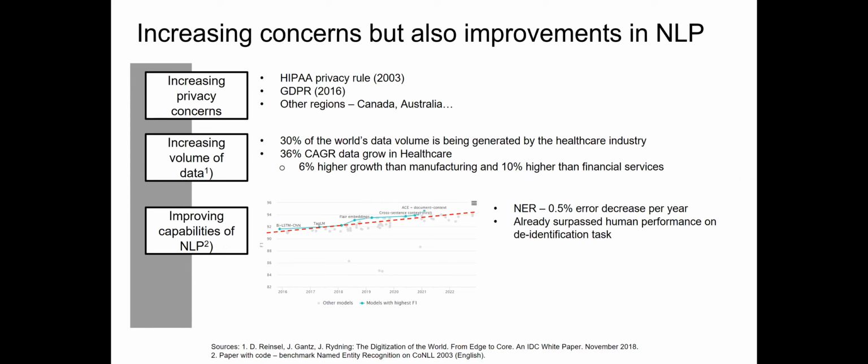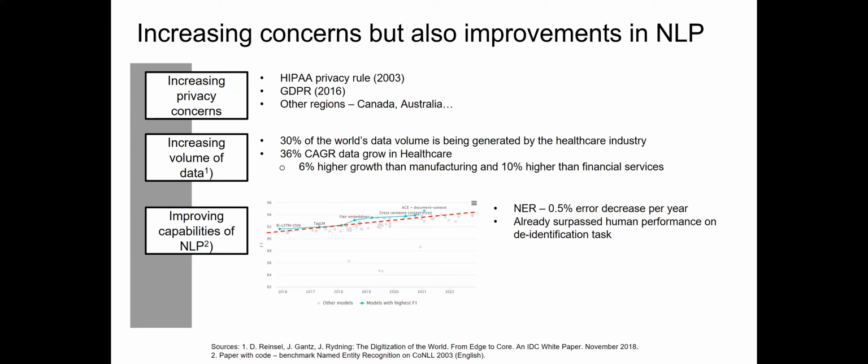It has very strict penalties. In case of non-compliance, it can be 10 million euros or 2% of global revenues. And for HIPAA, it can be a criminal penalty or a civil penalty. And there are other regulations in other regions, like in Canada, Australia, etc.